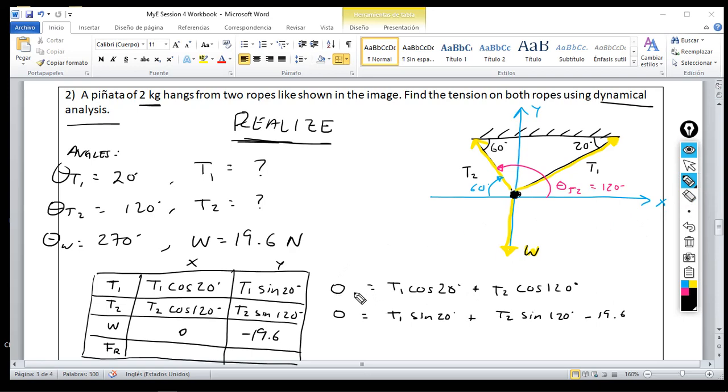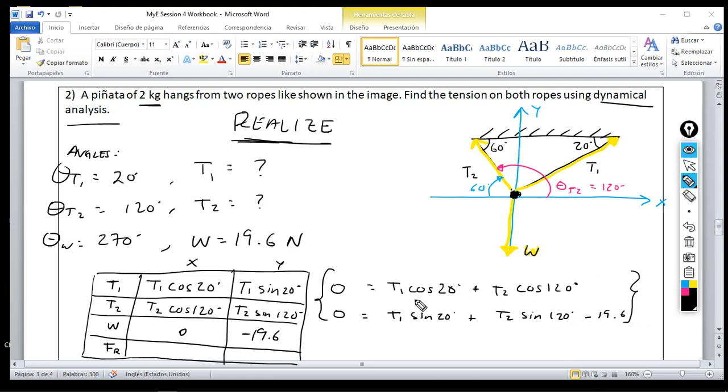Okay, and we're almost done, more or less. Now we have two equations that go like this: 0 equals T1 cosine of 20 plus T2 cosine of 120, and 0 equals T1 sine of 20 plus T2 sine of 120 minus 19.6.